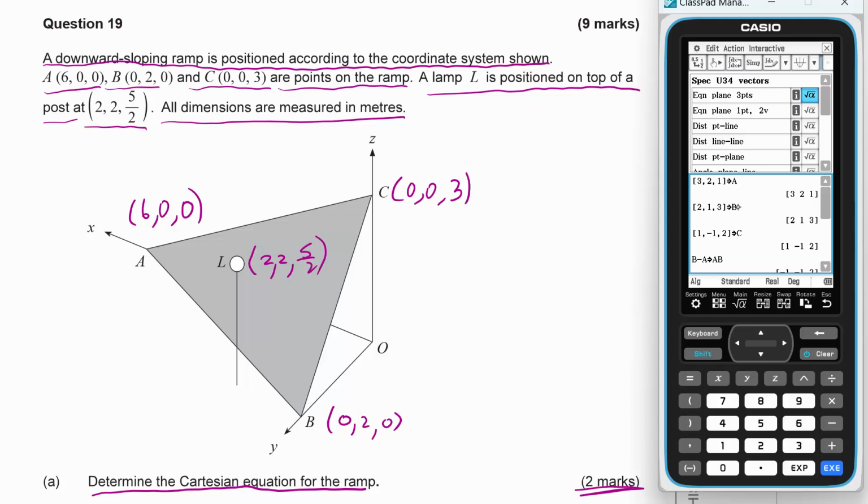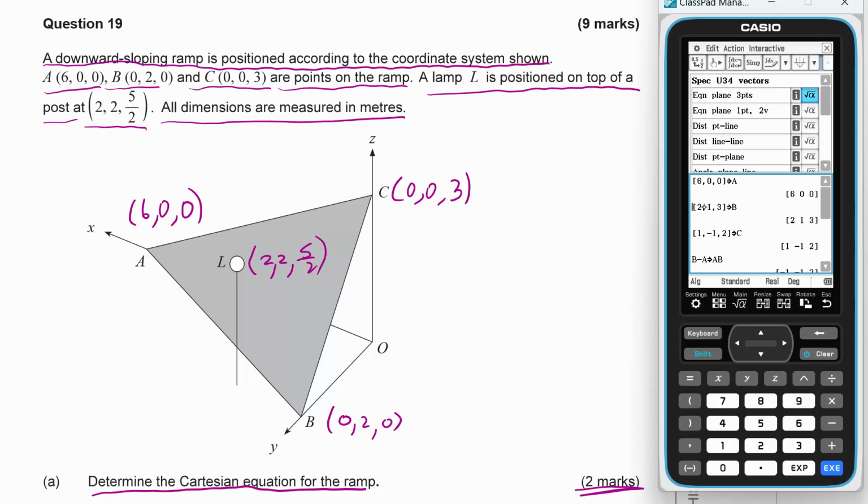So what we want to do is input for A, 6, 0, 0, and I think I can just hit the finger tool and it will just input the A and take me to the next line.